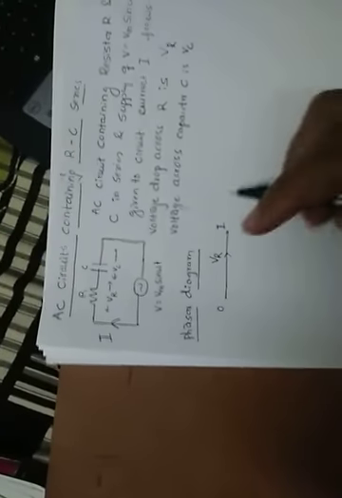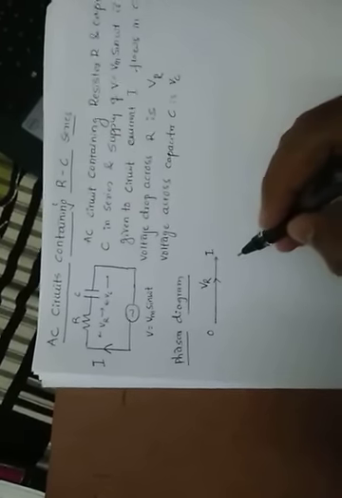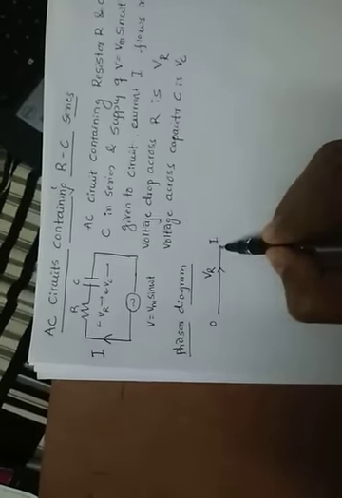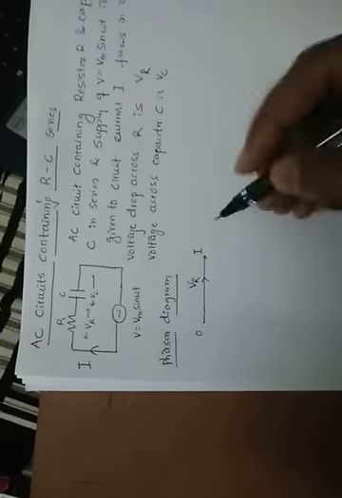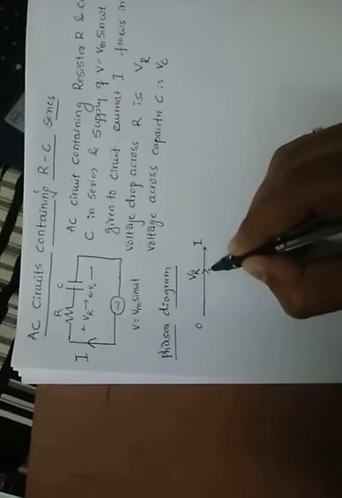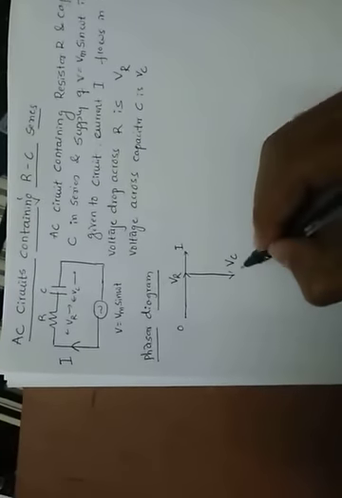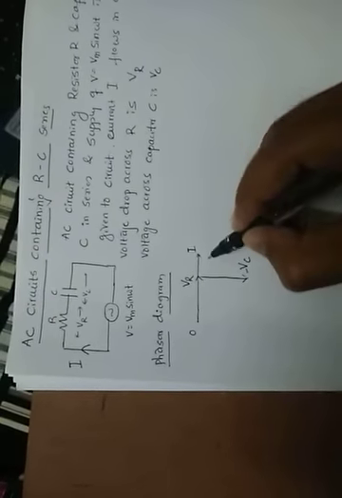In the case of capacitance, current leads the voltage by an angle of 90 degrees. If you take I as the reference, because I is the same in both cases, we can draw like this. It is VC, in the negative direction.